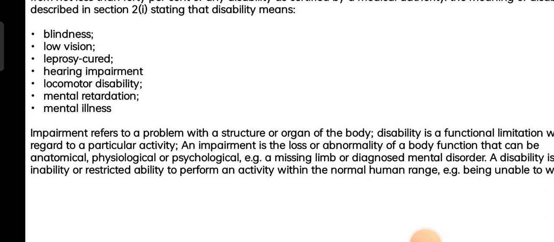Disability, you should divide this word as ability and disability. Ability means you are able to do something. Disability is you cannot do it. Something is restricting, something is hindering, so that you are unable to do it.